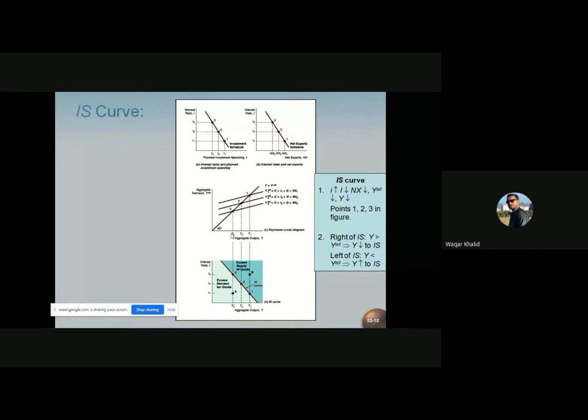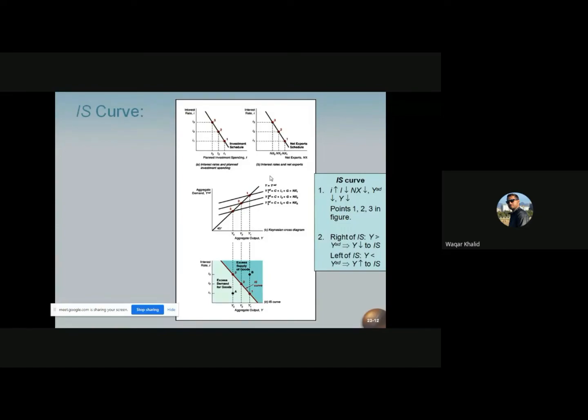We can say that if the interest rate rises, it means that planned investment expenditure decreases, as well as net exports also decrease. As a result, aggregate demand decreases. Look at these curves.